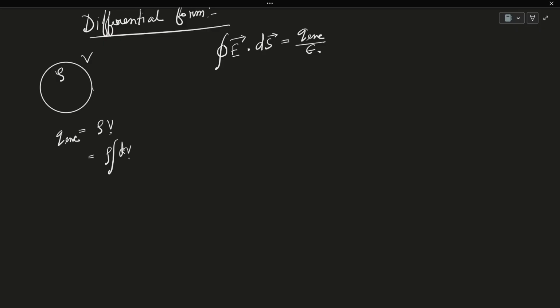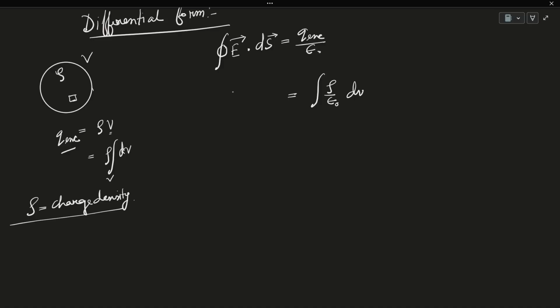We have taken a small volume dV, multiplied it by rho and integrated over the whole volume, then we get the total charge, where rho is the charge density. So q enclosed can be written as the integration of rho by epsilon naught dV, right?